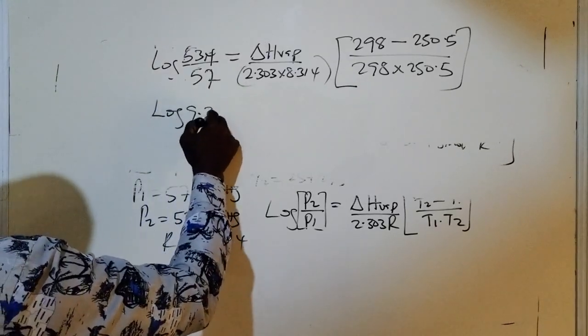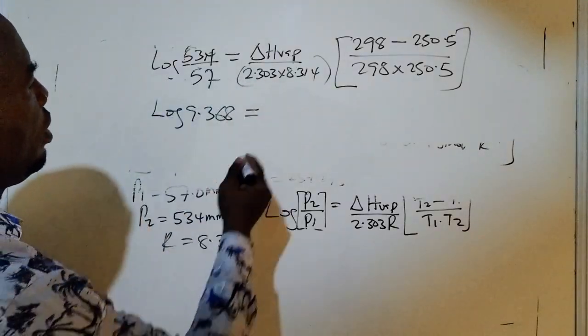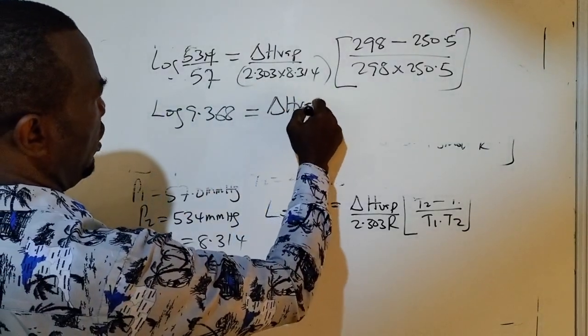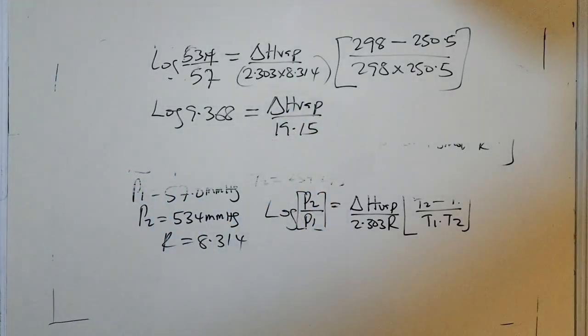Log 9.368 equal to, we now multiply 2.303 by 8.314, and we're going to have 19.15.